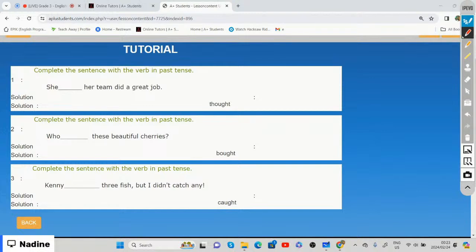And if we use the word with the complete irregular past tense, we would say she thought her team did a great job.